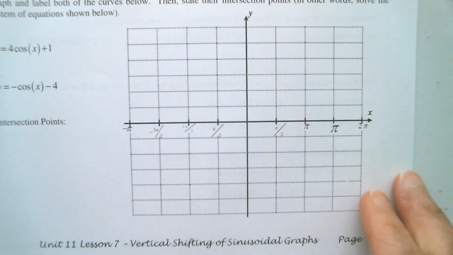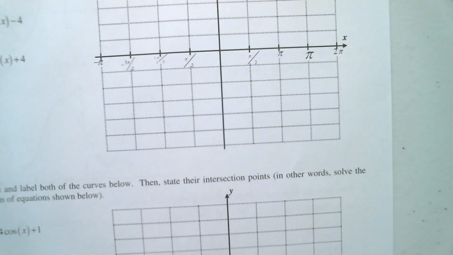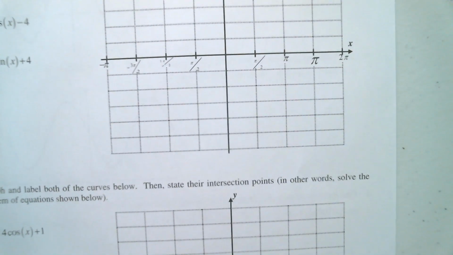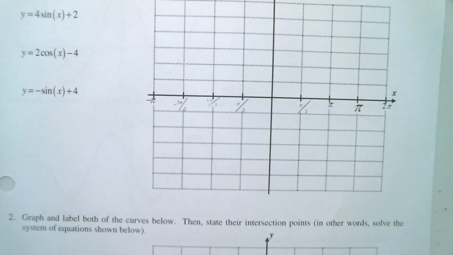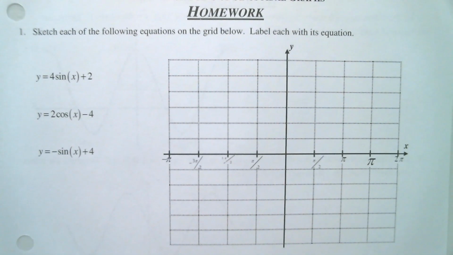So I'm just going to go to page 374, the homework page. And if you would change the scale there, correct those values. So this is page 374, the homework page.